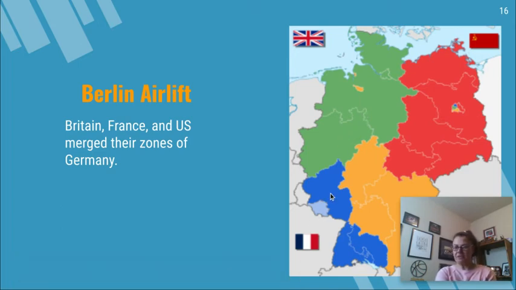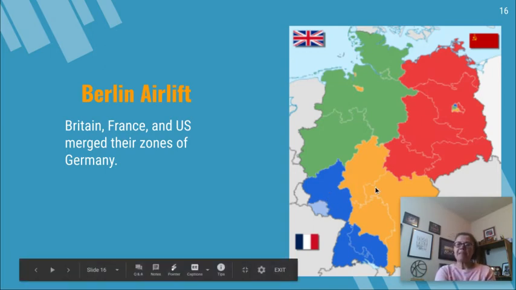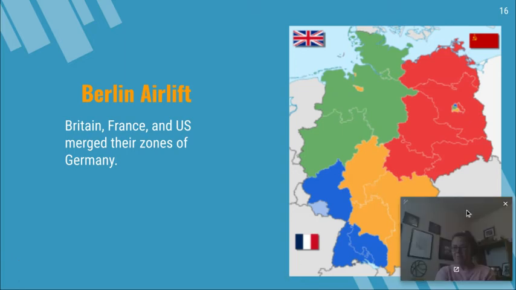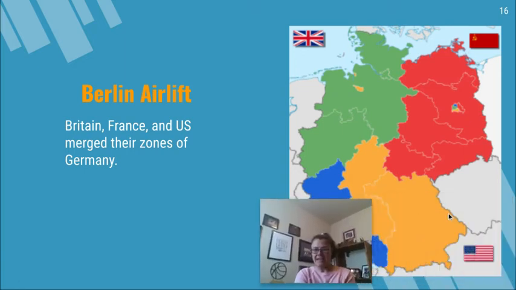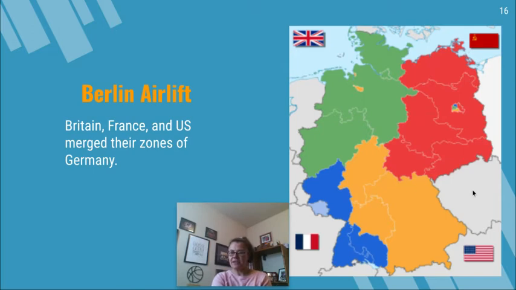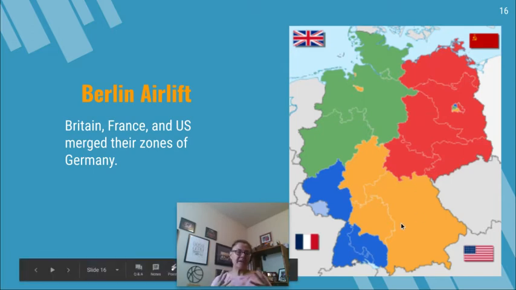The blue part, smaller part, because France, they helped as much as they could, but they were taken over by the Nazis, so they get a little bit less of a portion. That's France, the blue part. And then the yellow part, which my video is hiding, is the US.